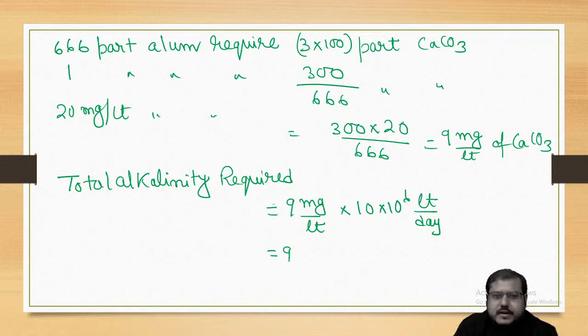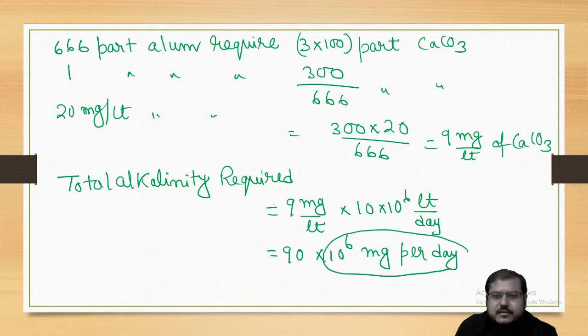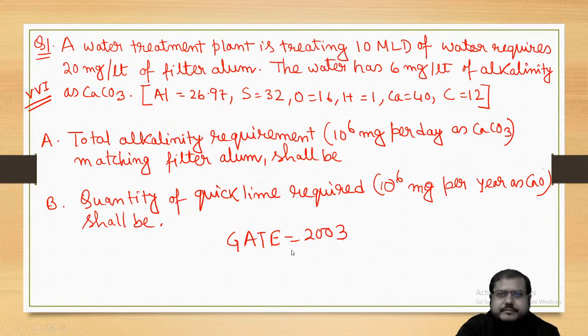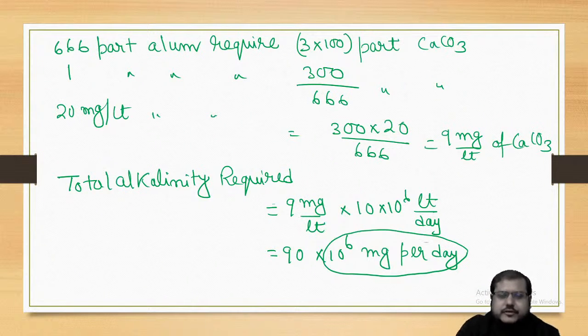That is 90 into 10 to the power 6 milligram per day. Now this whole is actually taken as a unit in this question. That's why the final answer will be only 90.